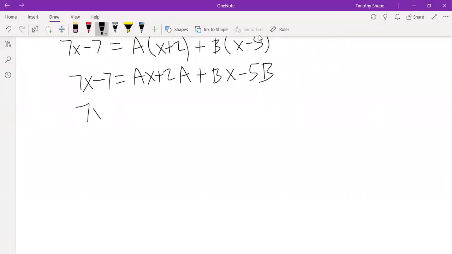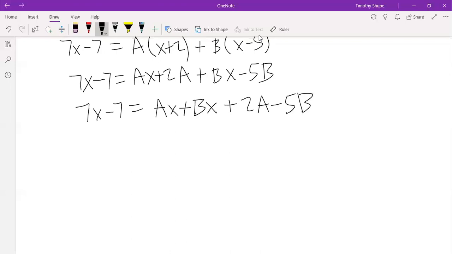So I get 7x minus 7 equals ax plus bx, next to each other because they both have x terms, and then 2a minus 5b together because those two don't have x's.